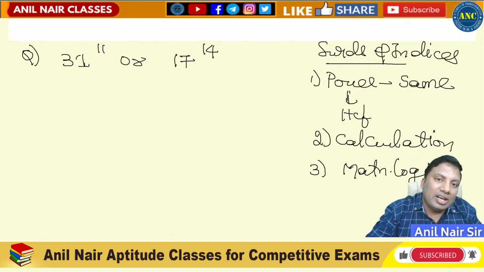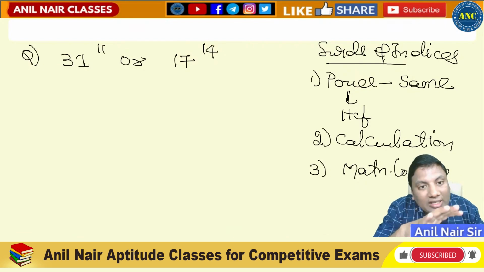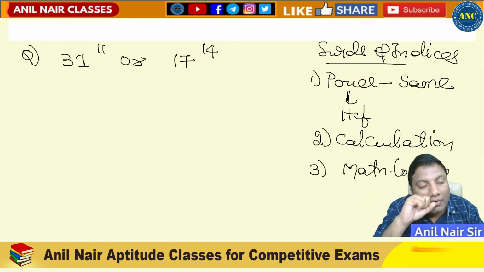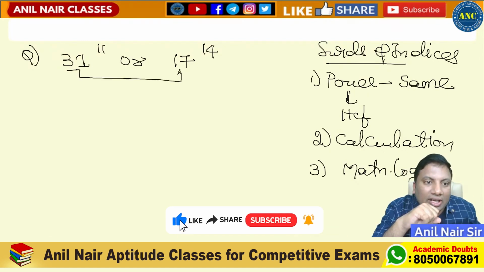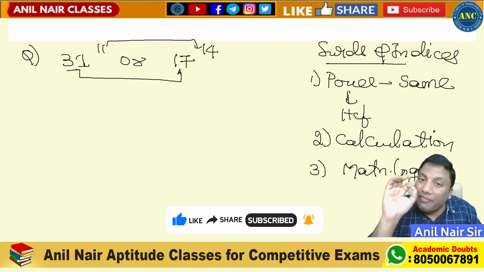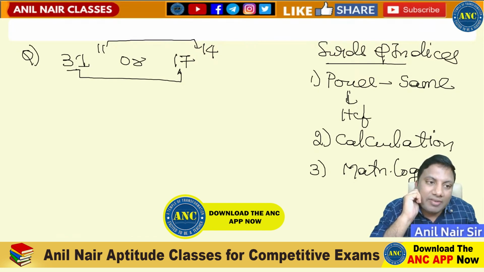Now if you see here, 31 power 11 or 17 power 14, base 31 is greater than 17, power 11 is less than 14. The first thing that came into my mind is 31 power 11 and 17. Step number 1.